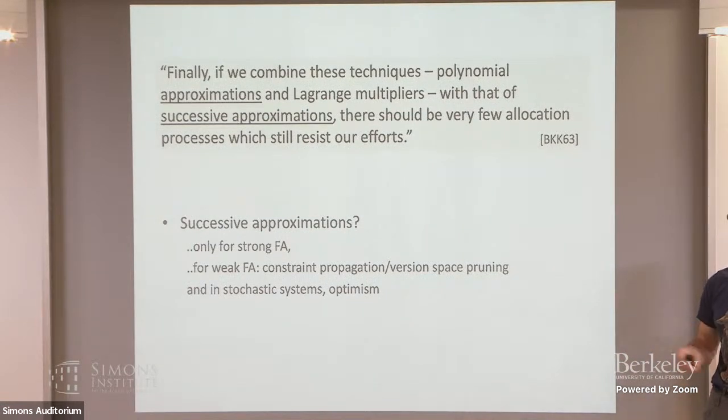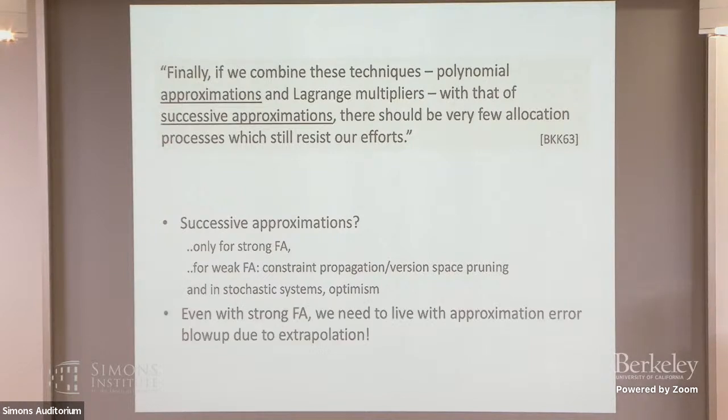They're blowing up errors way faster than the version space shrinking algorithms. Yet, if you think about computational efficiency, it seems that they're onto something, because the version space shrinking algorithms can only work in very specific cases, and in all the other cases, it's more like a DP solution that we are having.